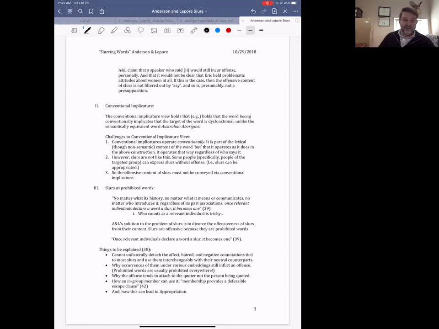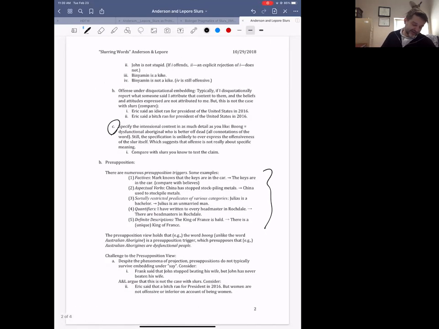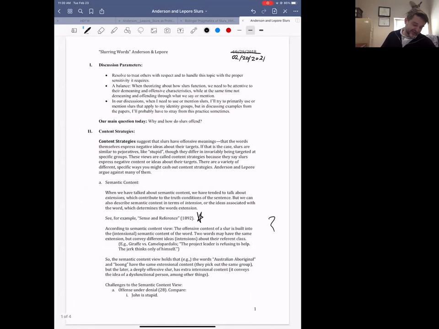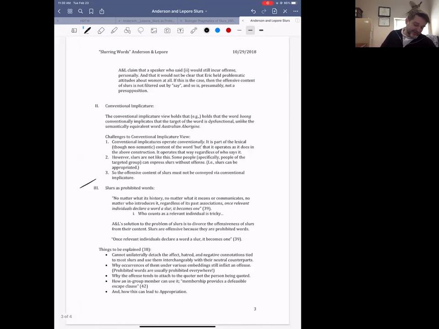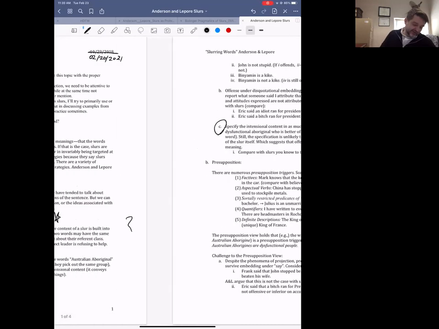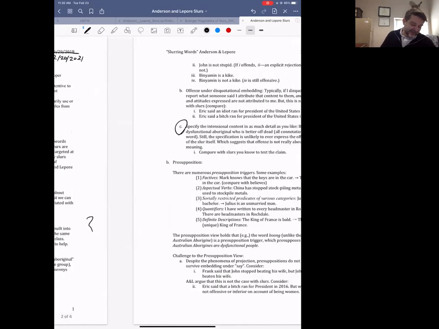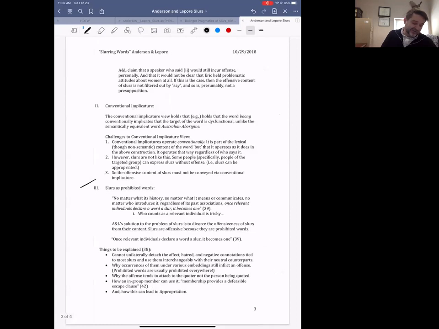Okay, so in light of these objections, and I should say this is actually a little bit misconstrued here. These two are like content strategies, I guess. And then conventional implicature is a little bit different because it's not attached to the content of the word.